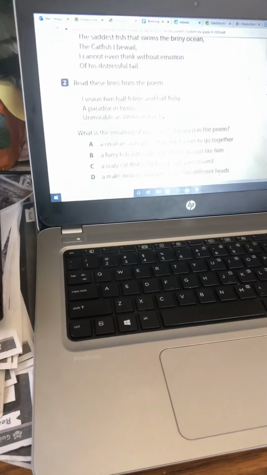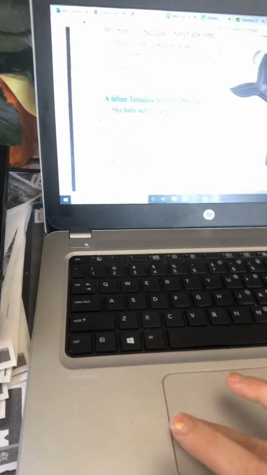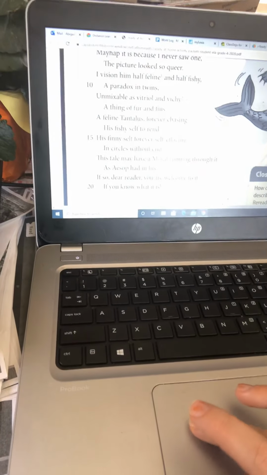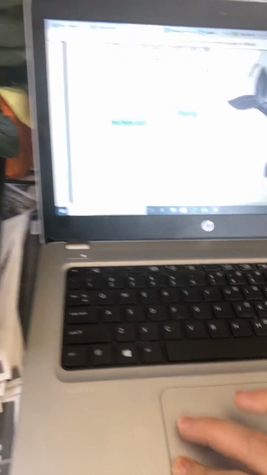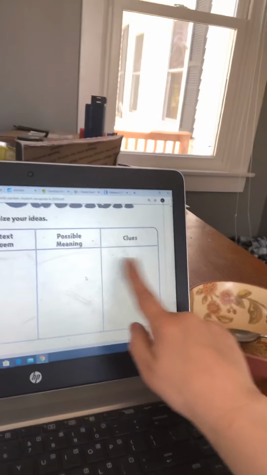So our clue in that context is he's chasing himself. Because cats eat fish. So put that. Just put he's chasing himself as your clue.